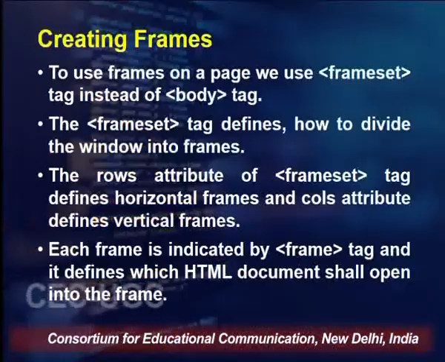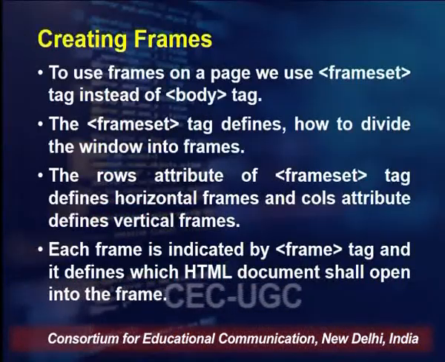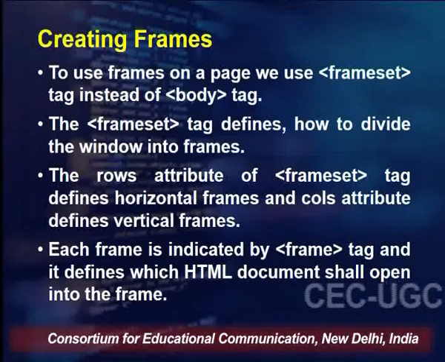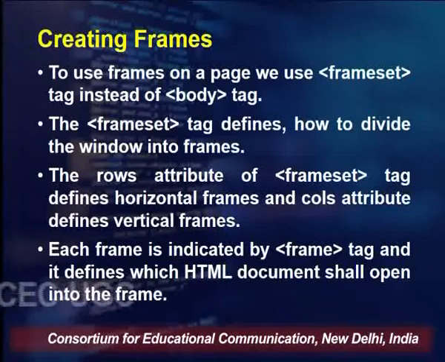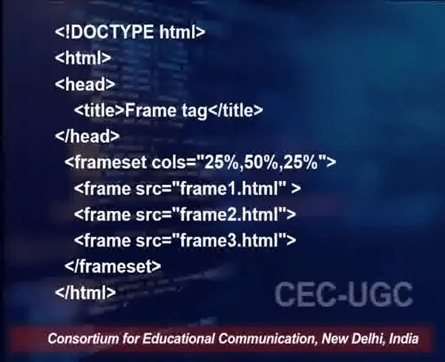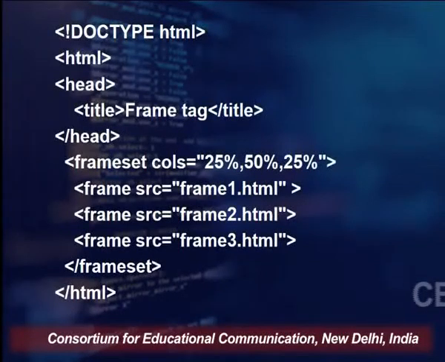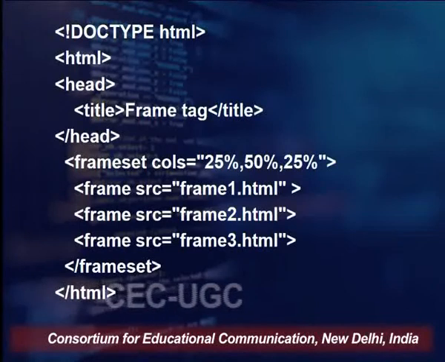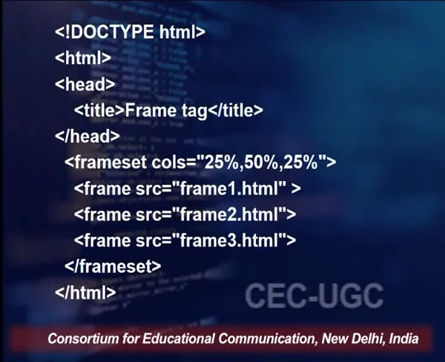So in order to create frames, we need to learn two very basic tags. One is the frameset tag, which is used to have frames on the browser window. Another is the frame tag, which defines each and every individual frame. Now let us see how this is going to work. Here on this screen, please notice that there is no body.